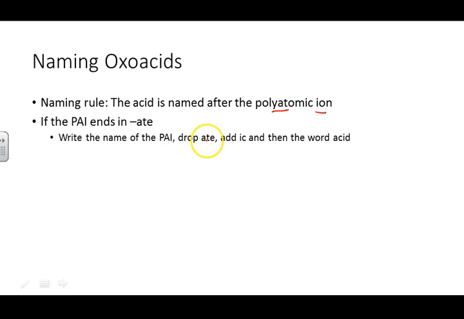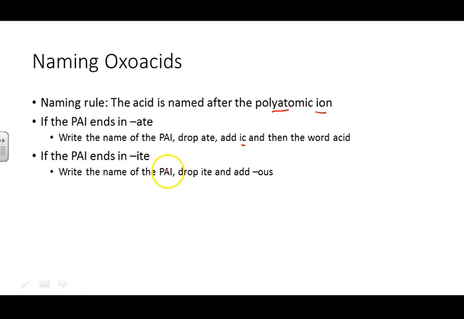In general, drop ATE and add IC, then add the word acid. If the polyatomic ion ends in ITE, we write the name of the polyatomic ion, we drop the ITE and add OUS, and then add the word acid.